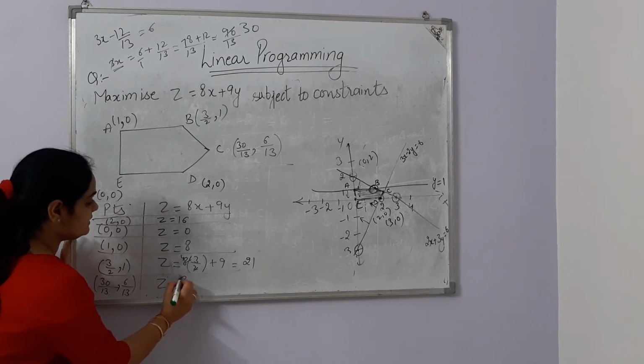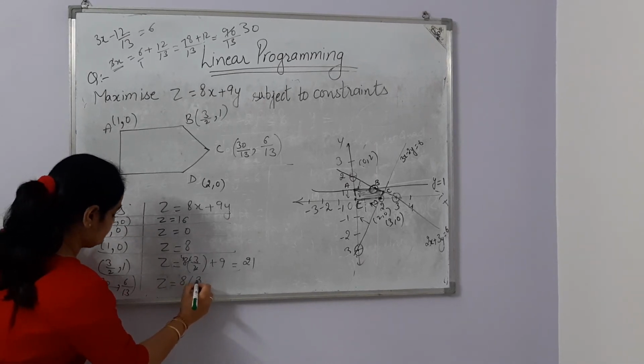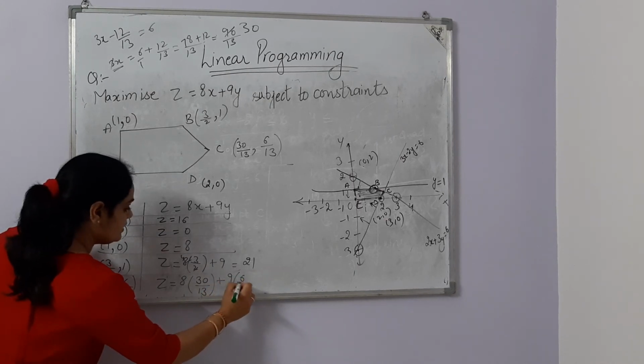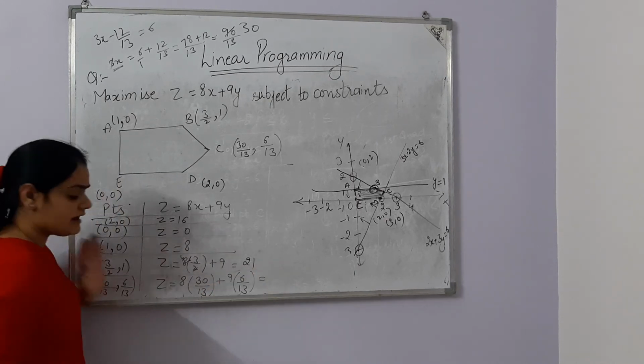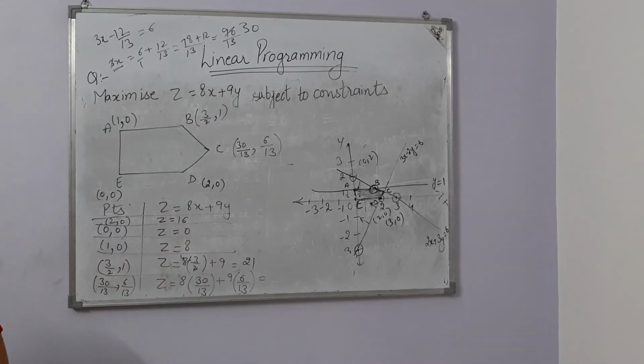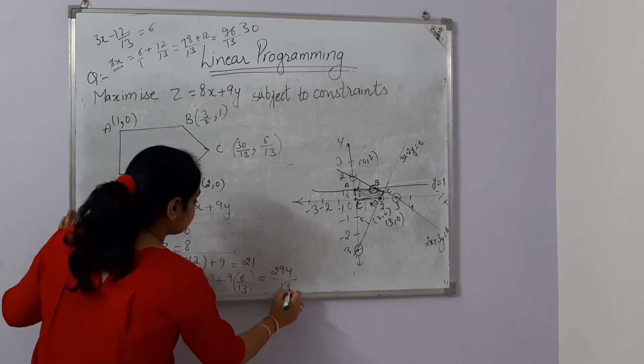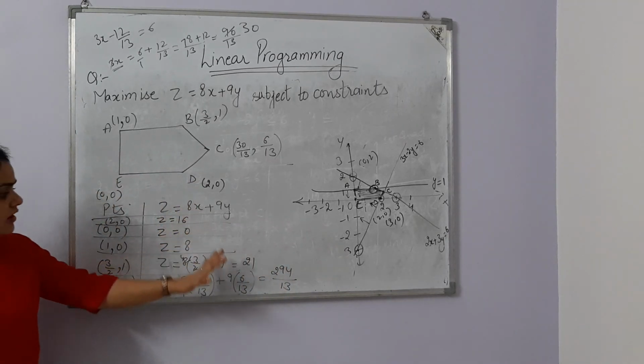And here Z is 8 into 30 by 13 plus 9 into 6 by 13, and I have calculated the value and it is 294 by 13.